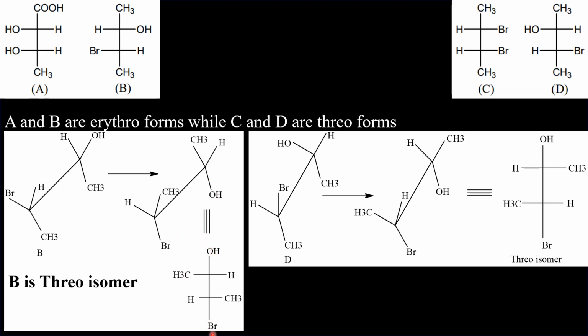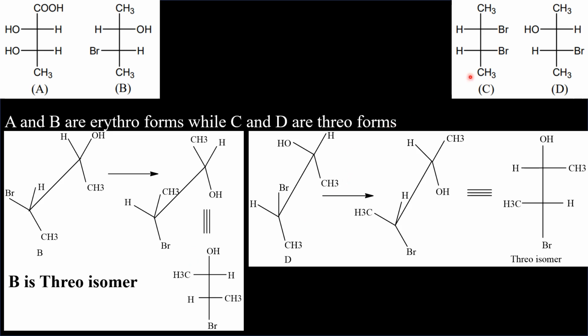So bromine is kept here, and in this carbon, hydrogen at the left, methyl at the right, that I have shown. Methyl at the left, hydrogen at the right, I have placed them. Now you can see the two similar groups, methyl and methyl, are on the opposite sides, hydrogen and hydrogen are on the opposite sides. Therefore this is a threo isomer and not an erythro compound.